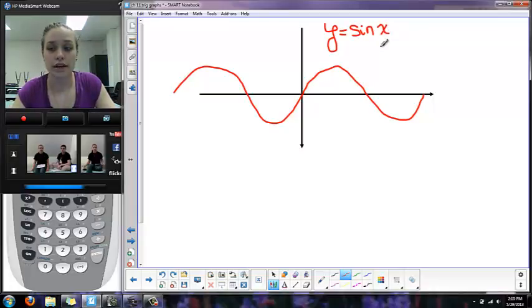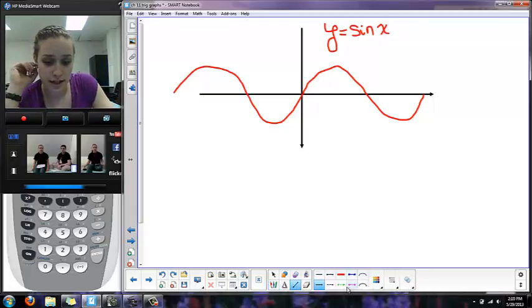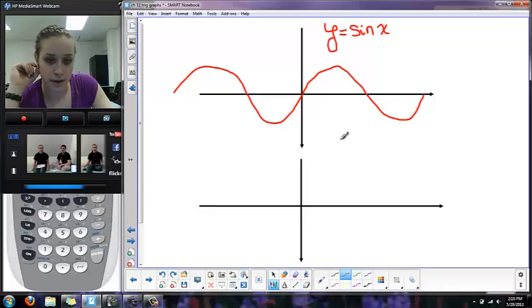Okay, well, if I'm interested in taking a look at what the inverse of sine looks like, we write it like this. We write y is equal to inverse sine of x, and you denote that with this little -1 exponent up there. That means inverse.